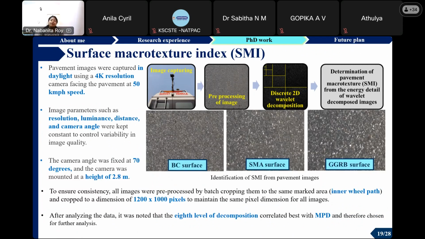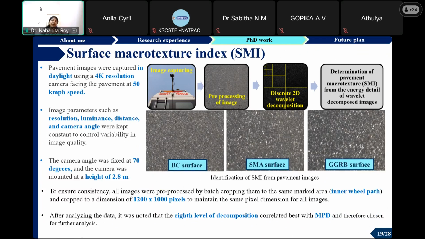Okay, so now coming to the second phase of the study, which was about taking the pavement images directly using some vehicle-mounted arrangement. We used a good quality camera, I mean a 4K resolution camera, and the vehicle was at 50 km/h speed.